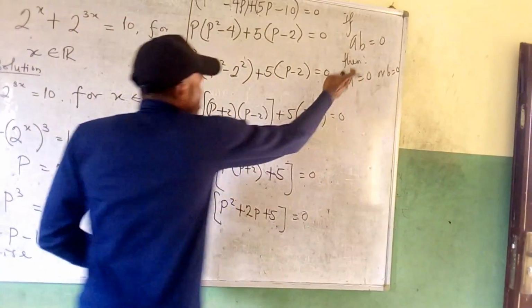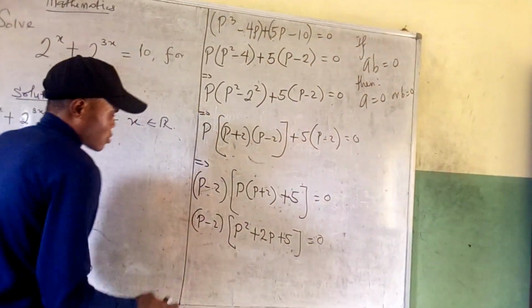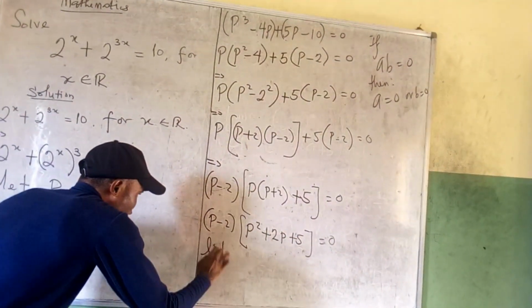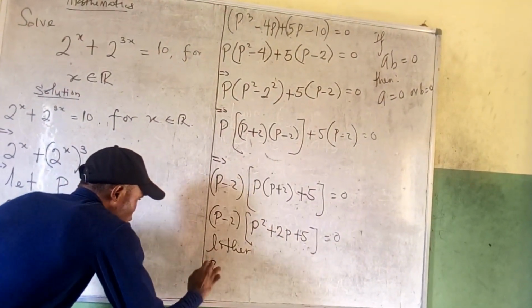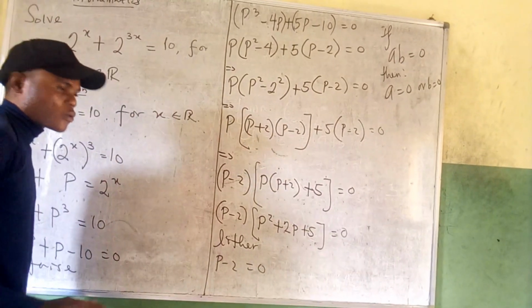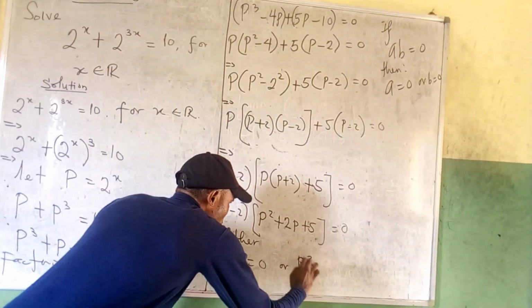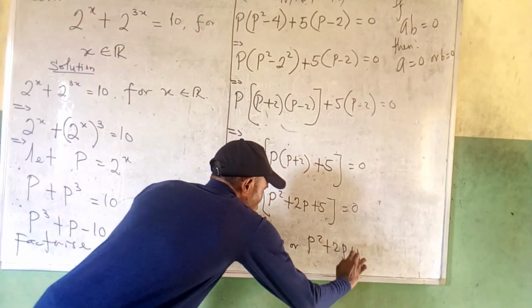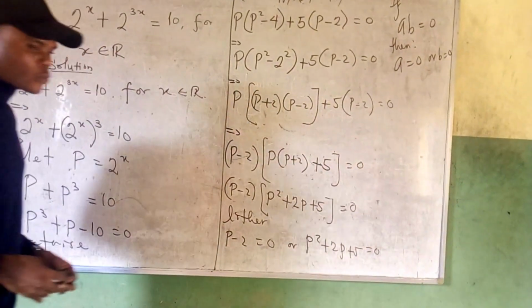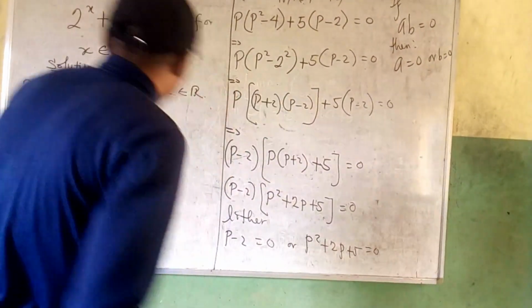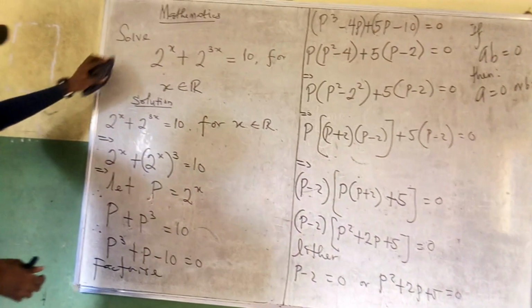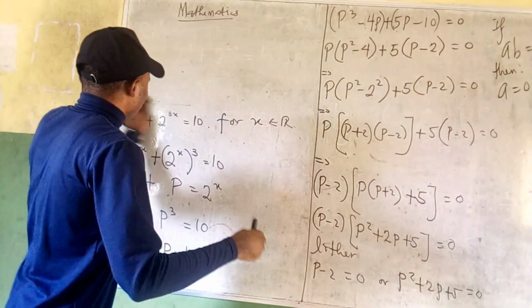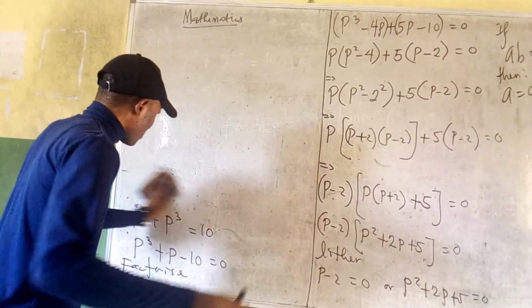So we're going to use this fact for this. So it's either p minus 2 equals 0 or p squared plus 2p plus 5 equals 0. Alright, so that said, let us continue.